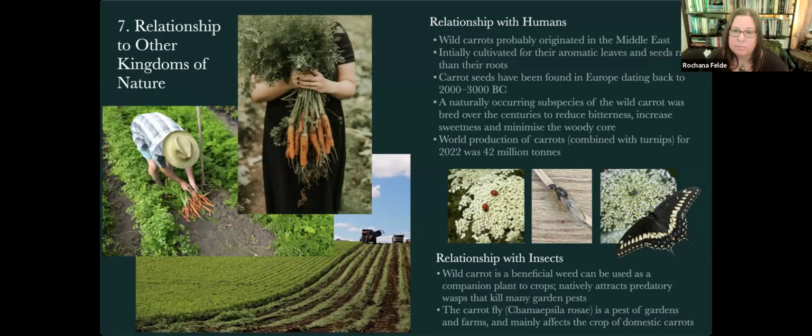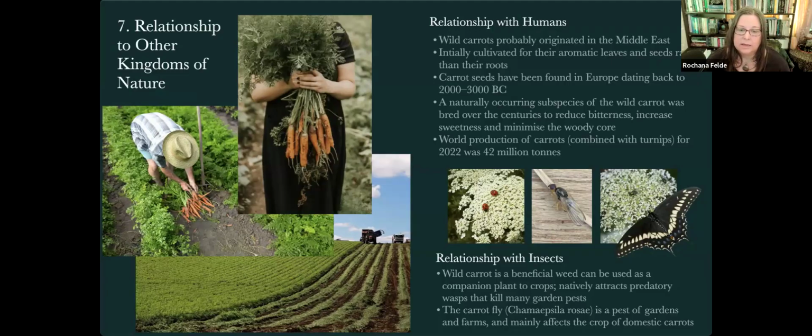And what they've done with cultivating the roots is, as I said, to increase that sweetness and minimize the woody core. There's also quite a relationship with insects, just because if you've ever observed the flowers, you'll see there's a lot of different insects around them, the flies, the ladybugs, and they're always buzzing with something.